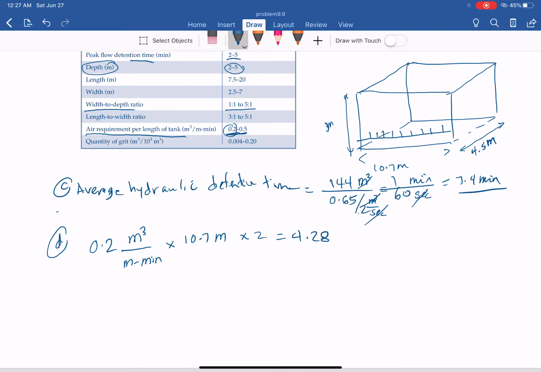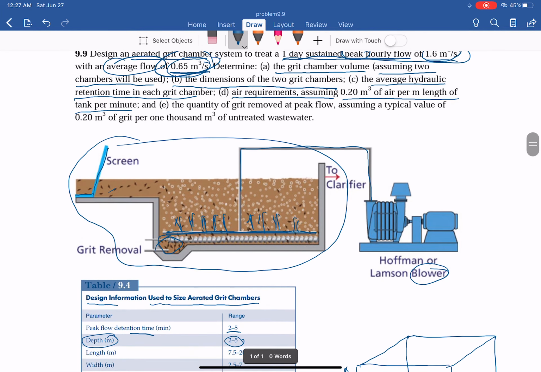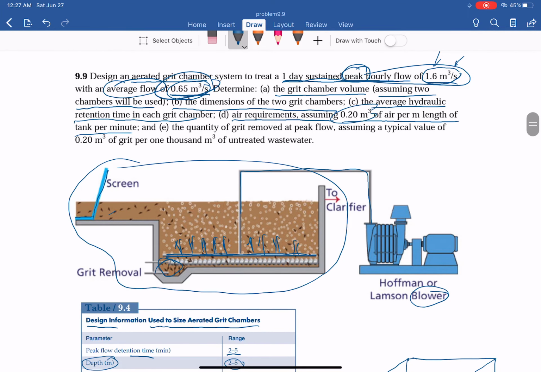So this is what we're going to have as the total air requirement, meter cubic per minute. Of course, this assumption is what the book assumed. You could assume something else, but I will give you the assumption of the air requirement.